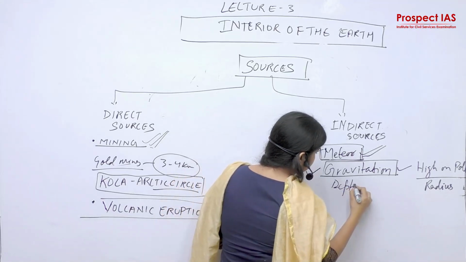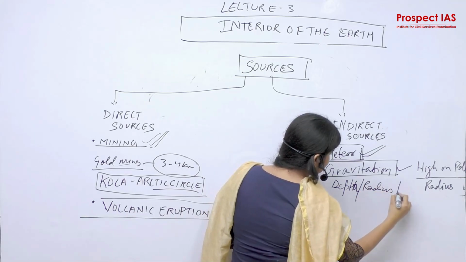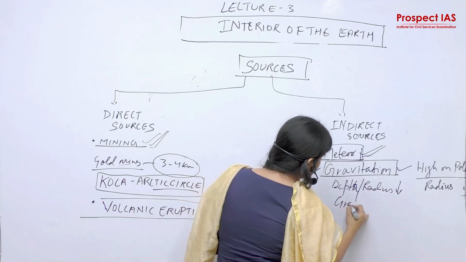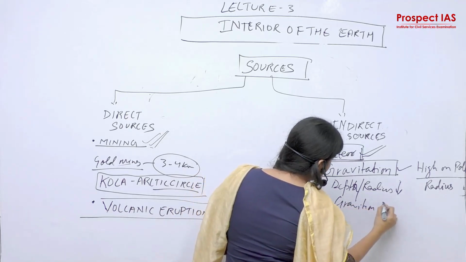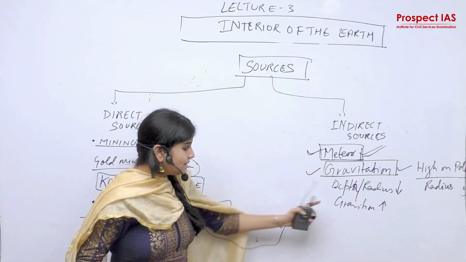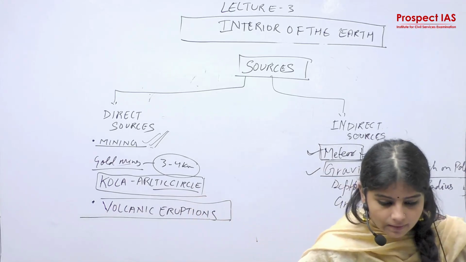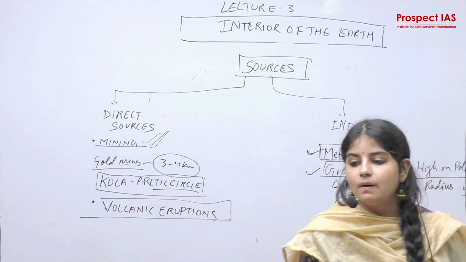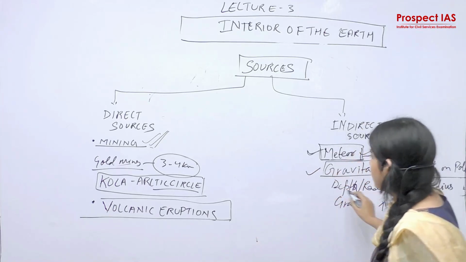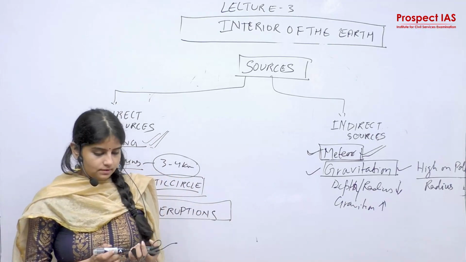Radius is low, less, so gravitation is high. That's why we can understand that Earth's interior and composition is not similar at all the spaces, right? Because of the gravitational pull working separately on differentiated nodules, right?